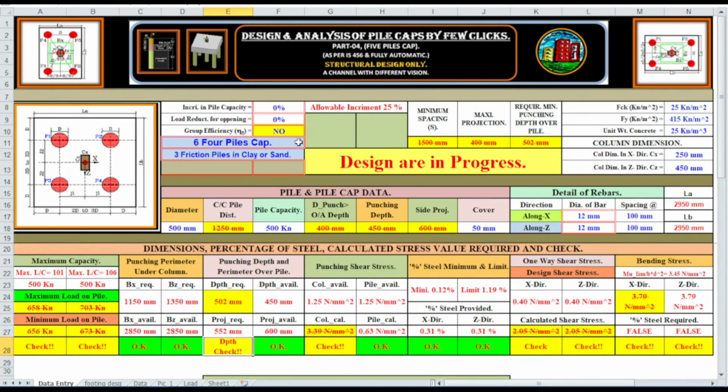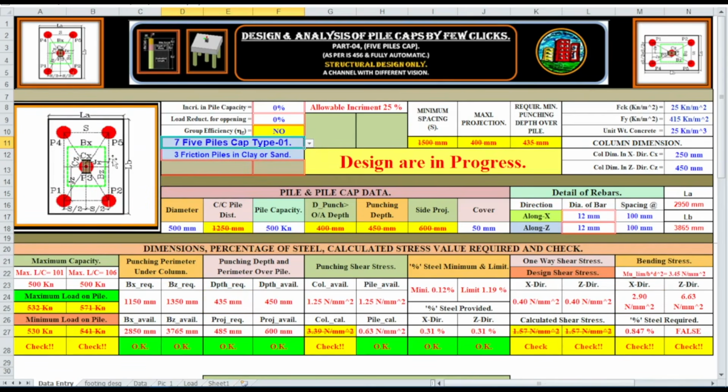Now I am changing number of pile cap 4 to type 7, that is pile cap in Z direction. Look here, as we have selected friction pile in clay or sand, the minimum spacing required is 1500. We have provided 1250, so we have to change to 1500.